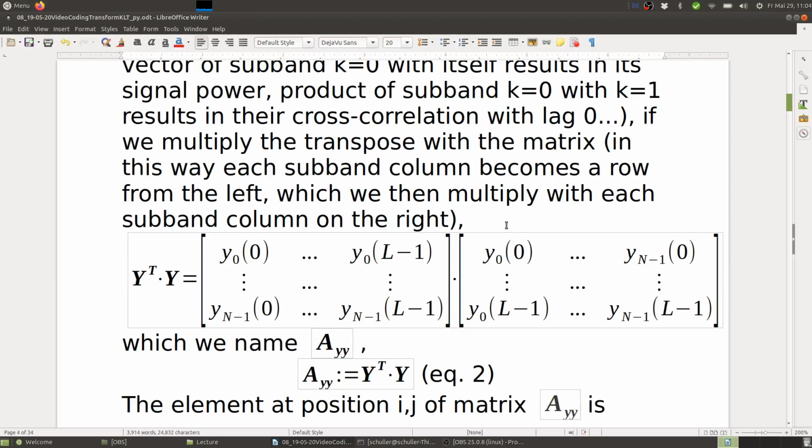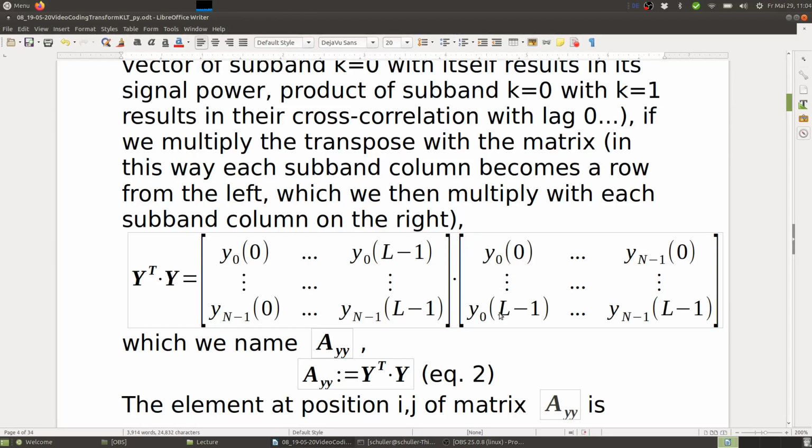So here you can see Y. The first column, for instance, is the first subband. If we transpose it, then the first subband becomes this first row. Right, so here's subband number 0 in the first row. Here it is in the first column. And if we multiply those two matrices, the first column times the first row from the left results in the entry in the upper left-hand corner of the result matrix.